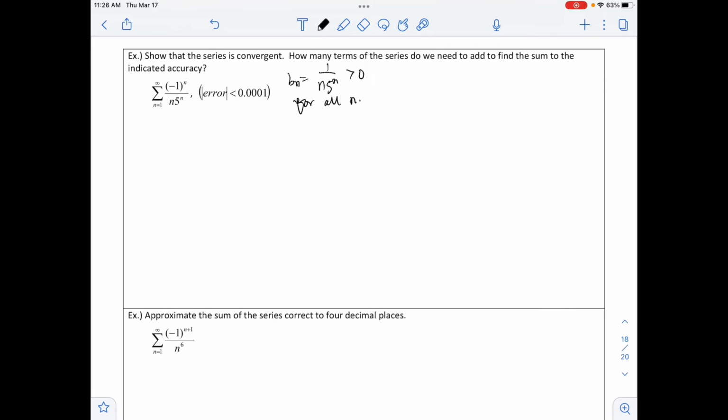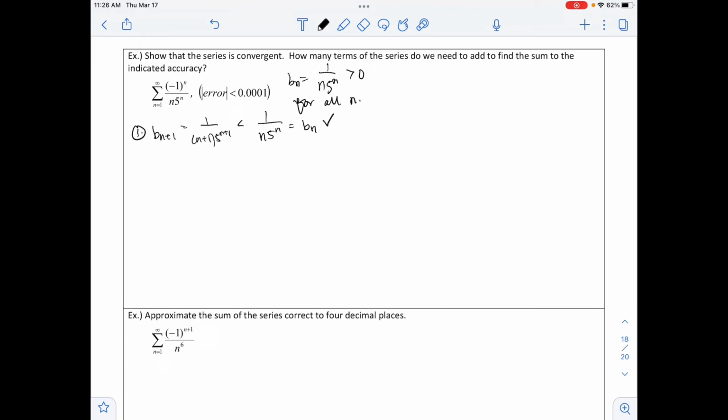Then we have 2 things that we need to show since this is an alternating series. First one is going to be that it is decreasing, and so hopefully you can see that b sub n plus 1, which is equal to 1 over n plus 1 times 5 to the n plus 1, would be less than 1 over n times 5 to the n, which is equal to b sub n.